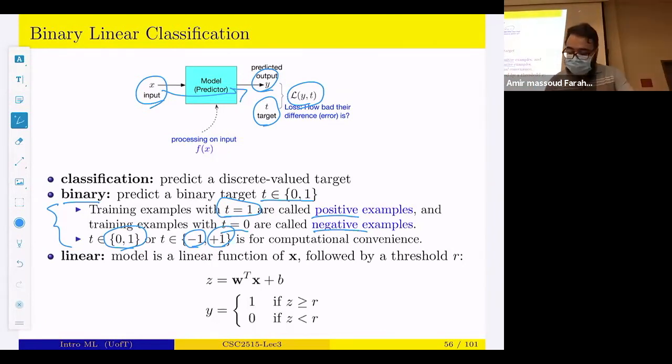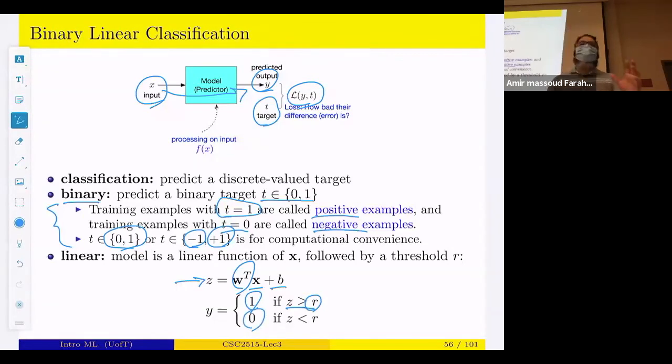The other part is about the model, and the model is the same as before. So we have input X, we multiply it by W transpose, and then we add some bias. And how do we convert the model to a classification output? We have a classifier, and we want to decide whether it should be positive or negative output, so we use a threshold. We say that if Z is larger than some threshold, the output would be 1, otherwise it would be 0.